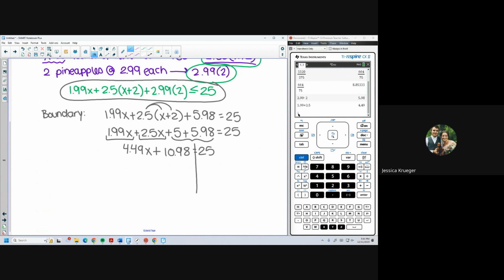And now that I've simplified everything on the left side, I can start moving things around. So I want to get my term that has x in it alone. So I'm going to subtract 10.98 from both sides. On the left side, I'll get 4.49x equals 25 minus 10.98 gives me 14.02.